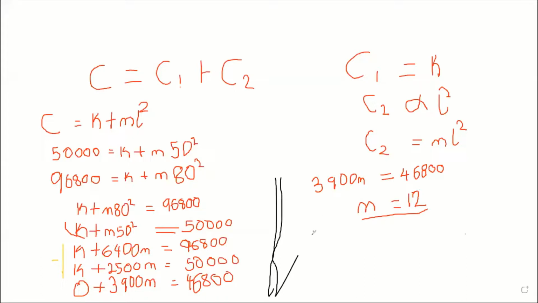So K plus M, which is 12, times 50 squared, which is 2,500, is equal to 50,000.